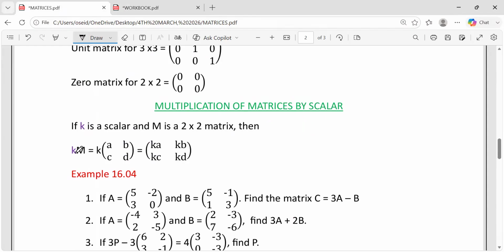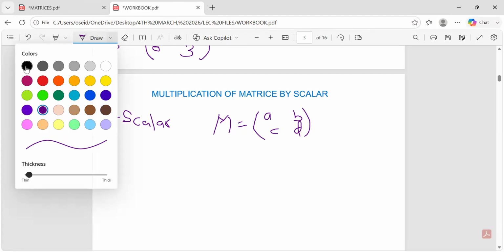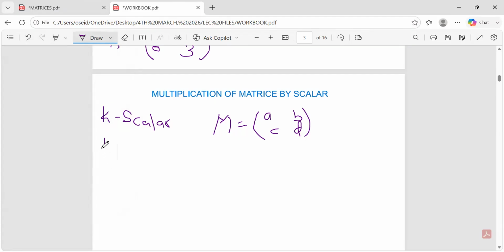Then Km will be equal to, so therefore, Km.